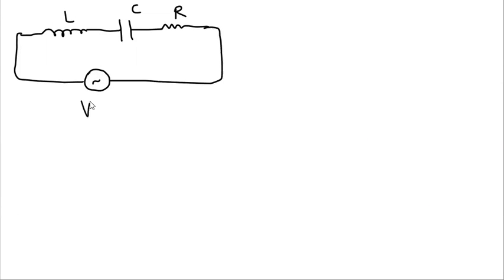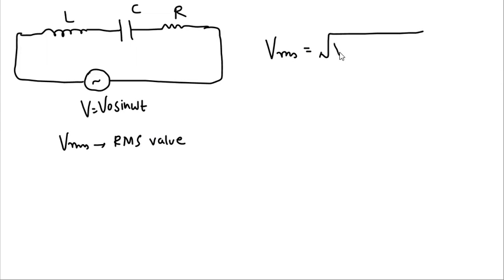Suppose that is V equal to V naught sine omega t, and suppose VRMS is the RMS value of the AC voltage. Now we have already derived this formula that VRMS will be equal to root of VR square plus (VC minus VL) whole square.